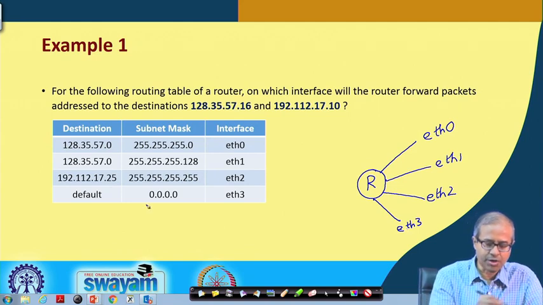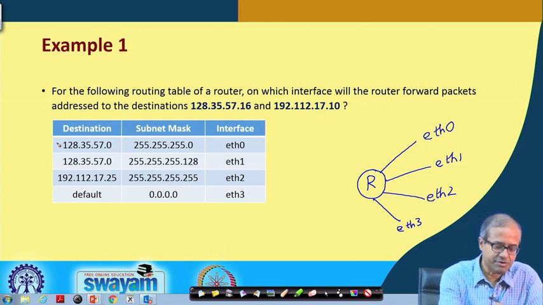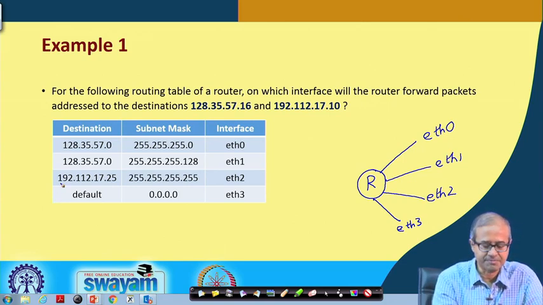Now, you look at this routing table. Here I have not shown all the fields, only the relevant fields: destination IP address or the destination network address, subnet mask and which interface to forward it to. So, you see there are 4 entries, there are 4 destination network or host addresses.